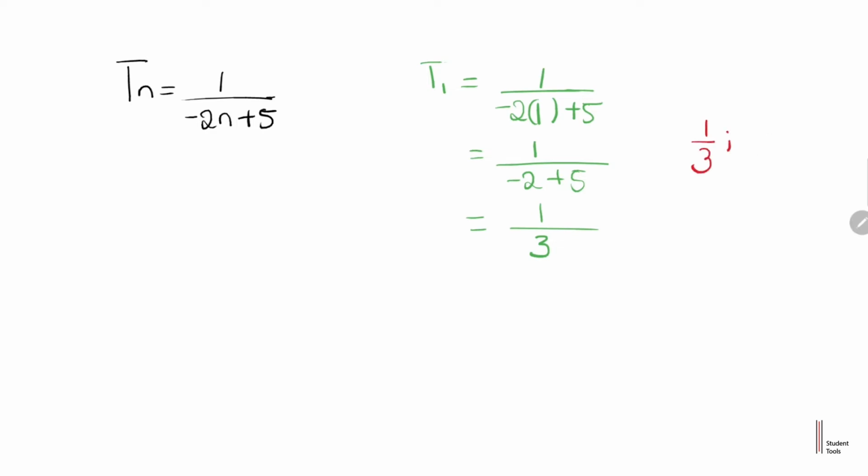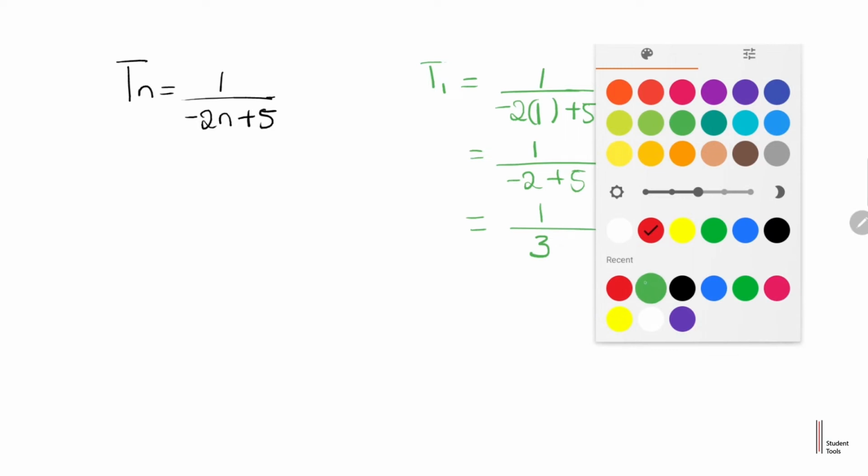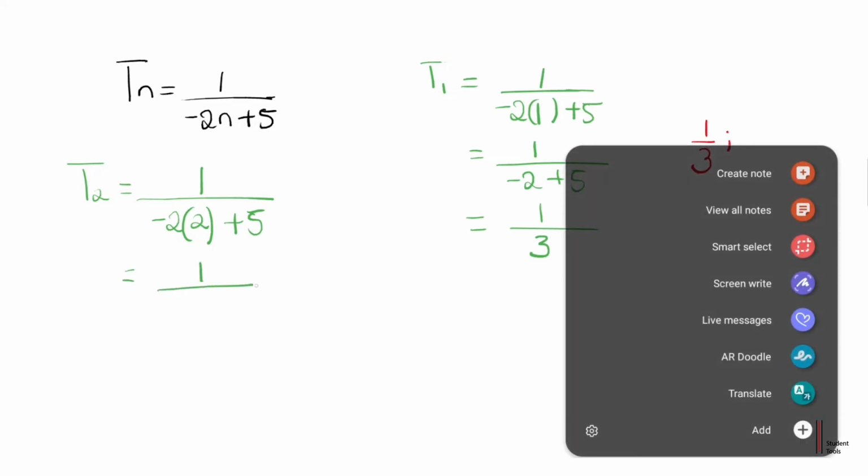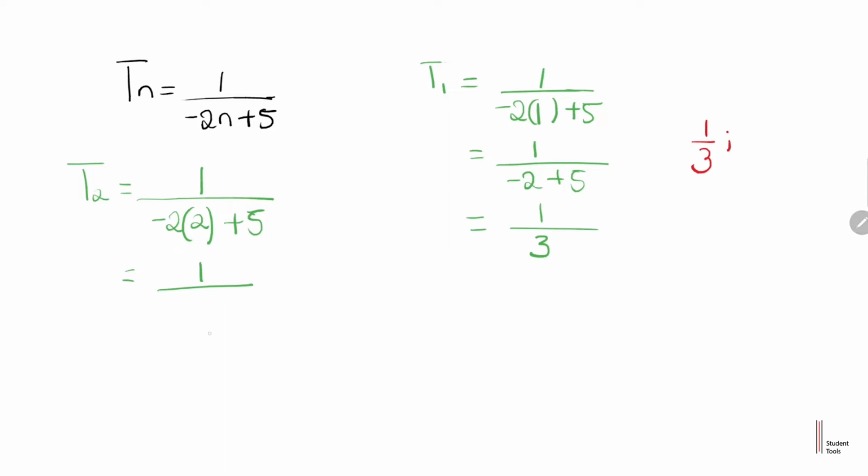So what's the second term? Now let us find the second term. So we will have T2 equal to 1 over minus 2 multiplied by 2. We are replacing n with a 2. Close bracket, plus 5. This will be equal to 1 over negative 2 multiplied by 2, that is a negative 4, plus 5.